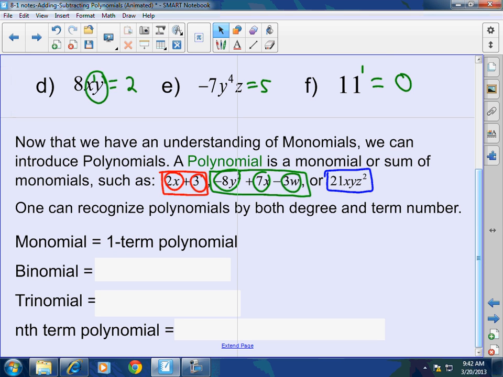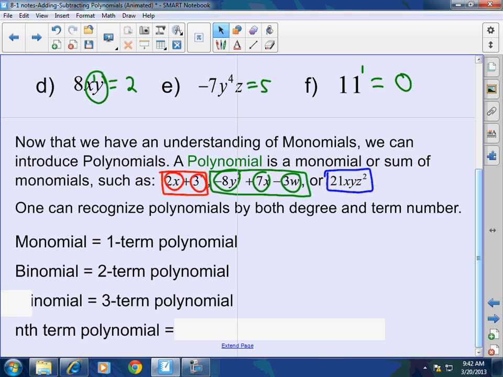A binomial, think of bicycle, 2 tires, 2 terms. A binomial is a 2-term polynomial. A trinomial, tricycle, tripod, triangle, 3-term polynomial.